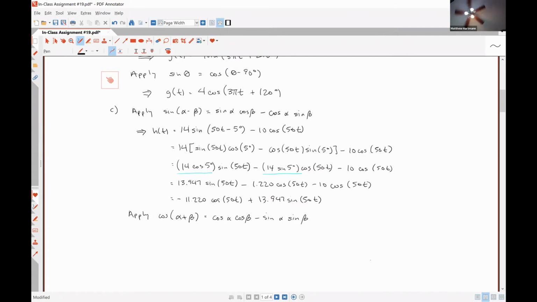Why we're going to be using this, what I'm going to do here, actually, is multiply through by a factor of a, where a is just an amplitude function.